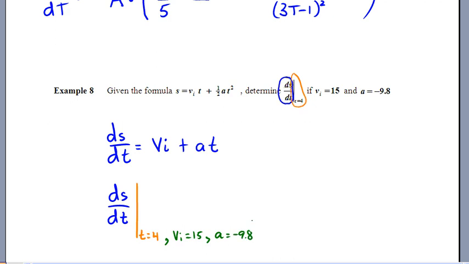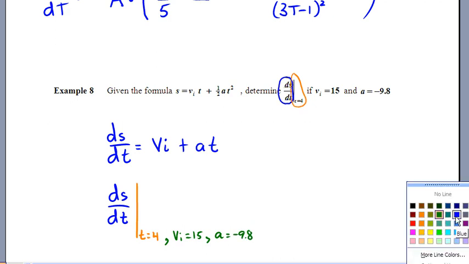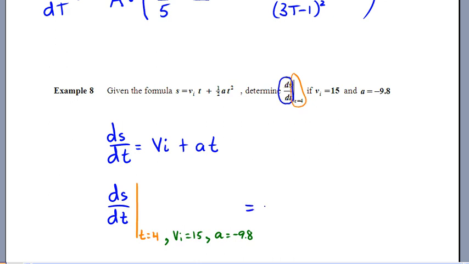Oh, okay. Well, this would be pretty easy to figure out. So this would just be the VI, 15, plus negative 9.8, and then we're doing that very specific time value of 4. Okay, great. I think the answer ends up being negative 24.2.